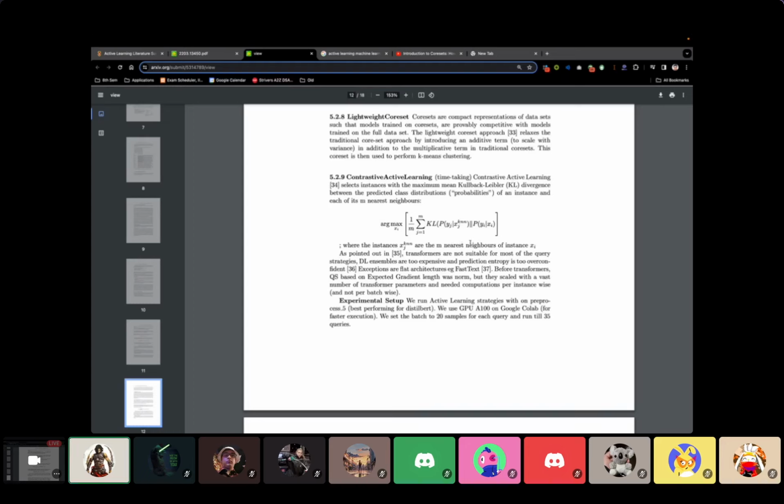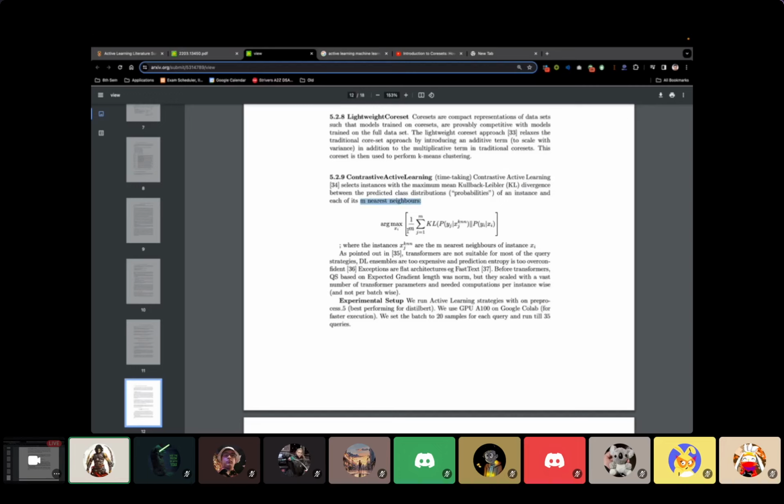For example, if we have two-dimensional vectors (1, 0) and (2, 5), the distance will be the root of 1 squared plus 5 squared. And in contrastive learning, you take the label probability distributions for the m nearest neighbors, compute the KL divergence, weight it with respect to m, and you have to maximize this.